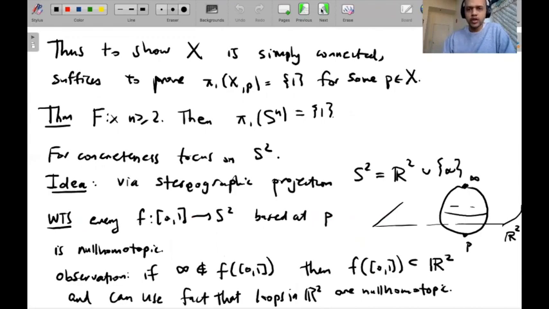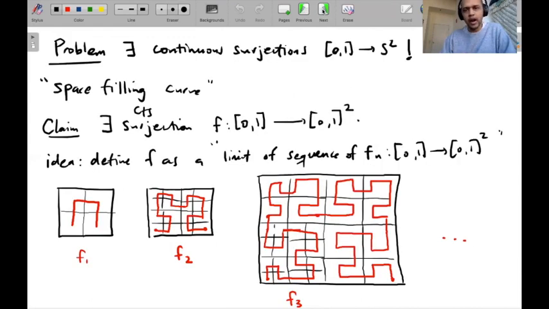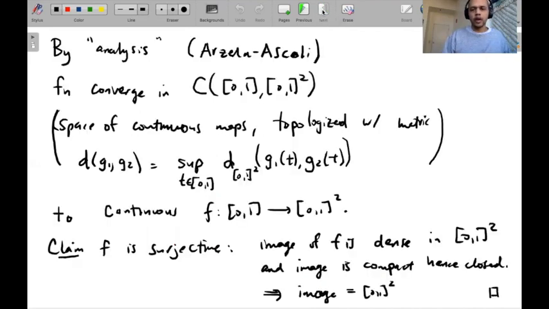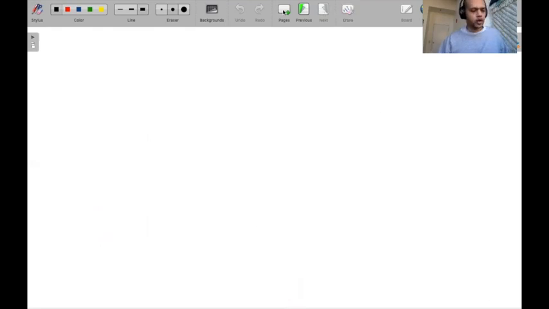But unfortunately, it's not true that every map from the closed interval to S2 misses some point. There are surjective maps. But we will show that up to homotopy, you can homotope so that any loop misses a point.